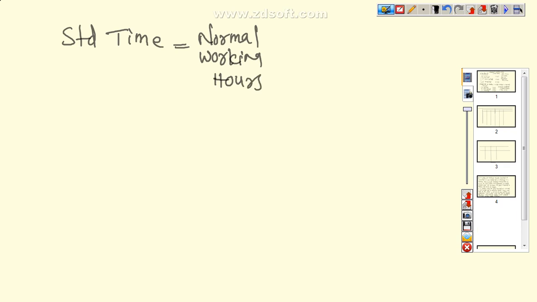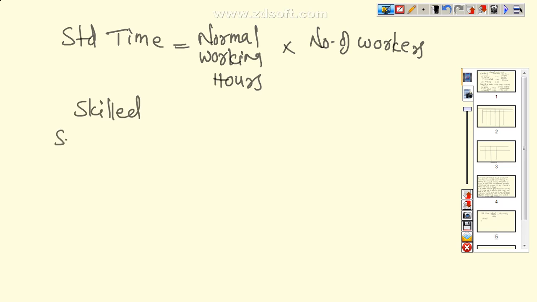First we calculate standard time. Standard hours is equal to normal working hours multiplied by number of workers. In case of standard, there are three categories of workers: skilled, semi-skilled and unskilled.